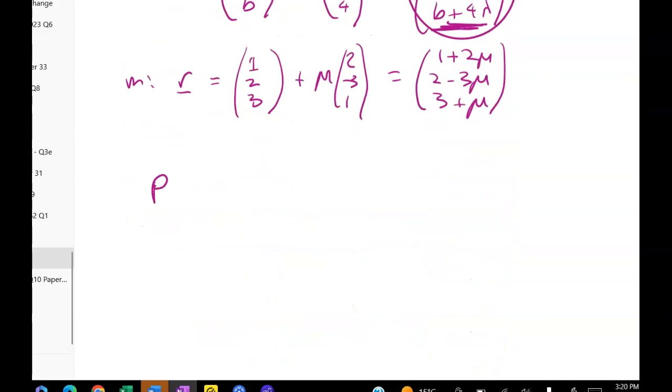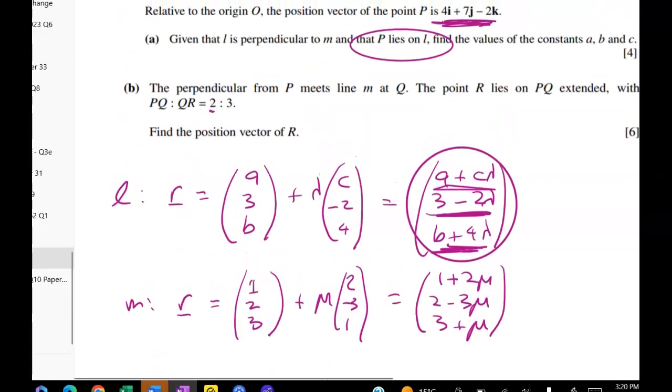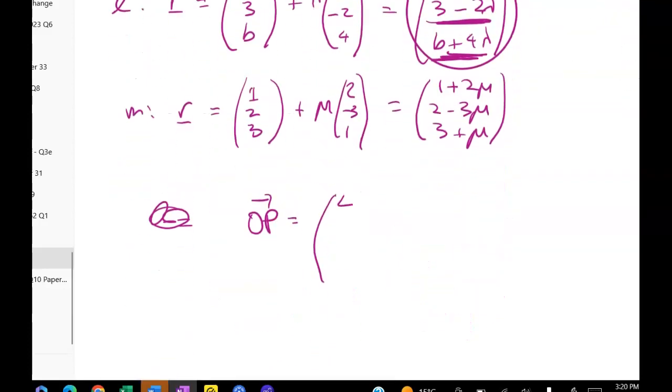Okay, so point P, what was P? Oh, now I haven't got the question here anymore. Okay, so OP was equal to, what did we have? (4, 7, -2).